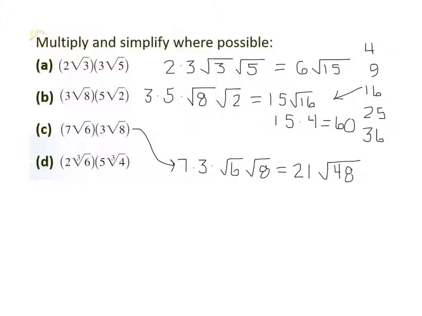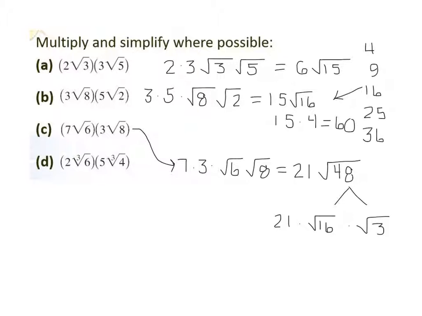But again, we want to look to see if there is any perfect square that divides into 48, and there is. 48 is equal to 16 times 3, and 16 is a perfect square. So we're going to break apart this square root 48 into square root 16 times square root 3, and leave the 21 out in front.